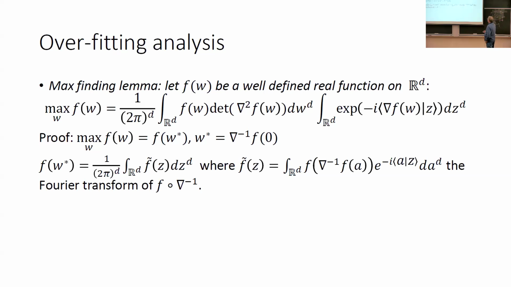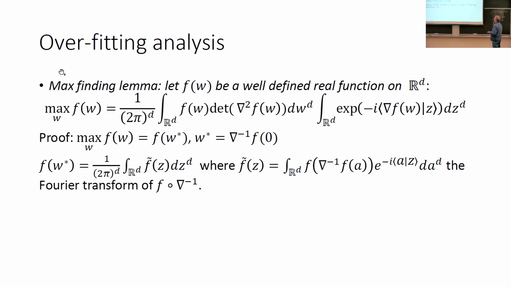So basically, this is the expression of how to find the maximum of a function when the only tool you have is a Fourier transform. What the Fourier transform is, we'll see later. It has this expression, which is not very interesting because it's very complicated.